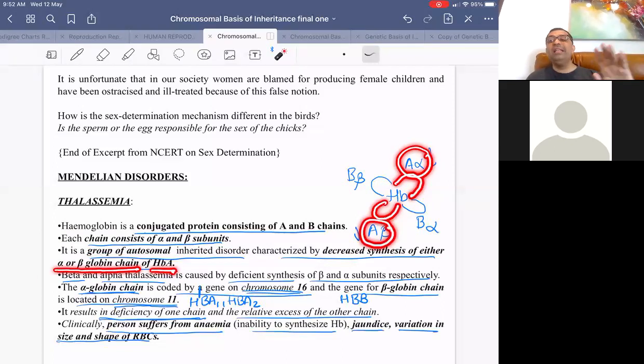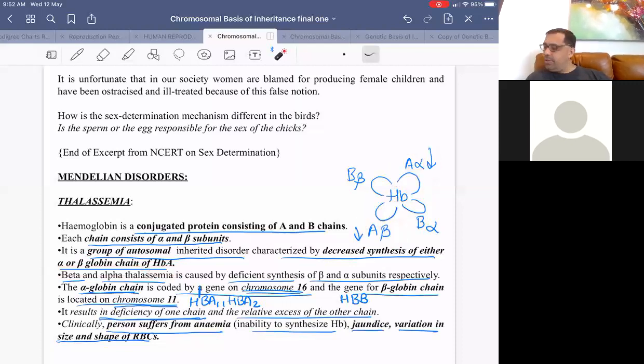So there is no synthesis, and if it is A beta which is not synthesized, A beta नहीं synthesize होगा, it is called beta thalassemia. और A alpha अगर synthesize नहीं होगा, it is called alpha thalassemia.